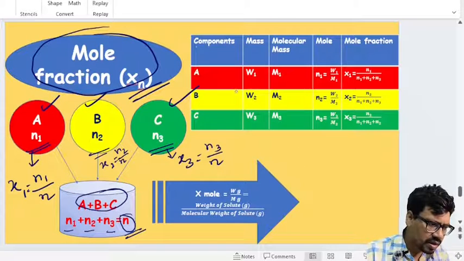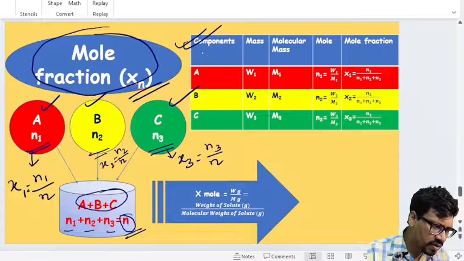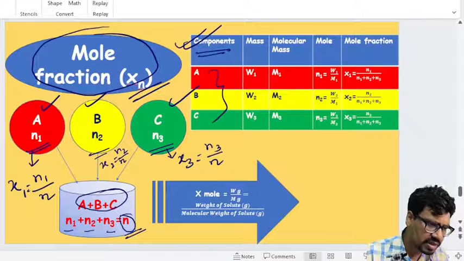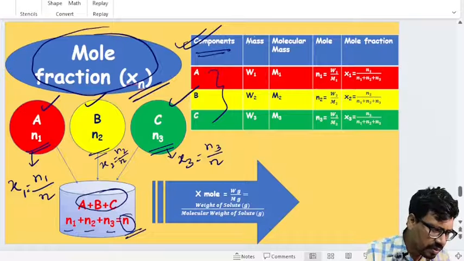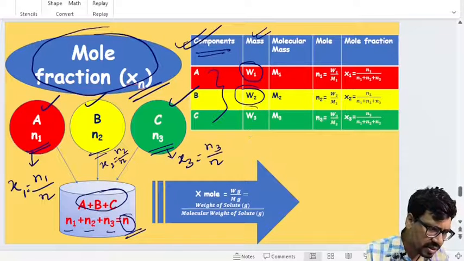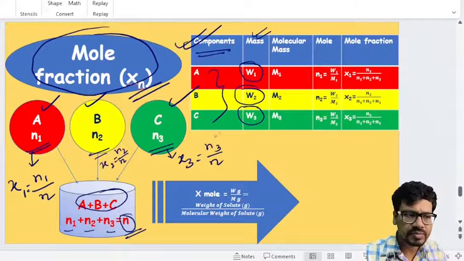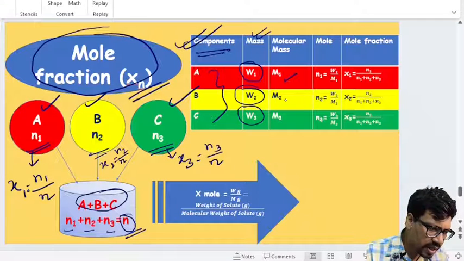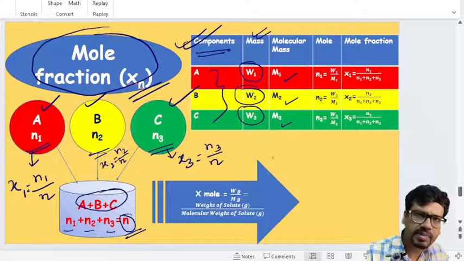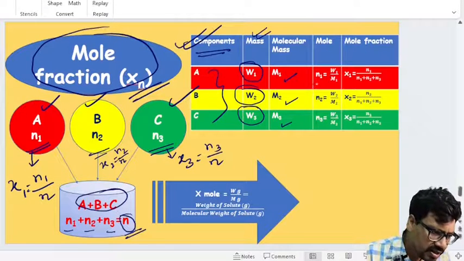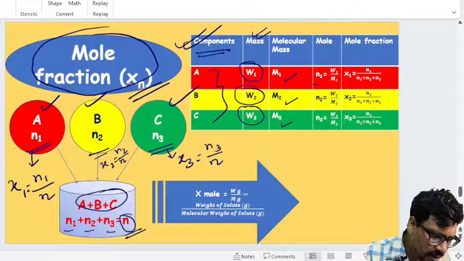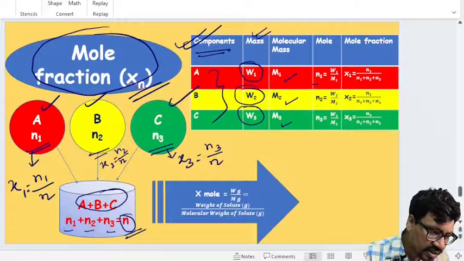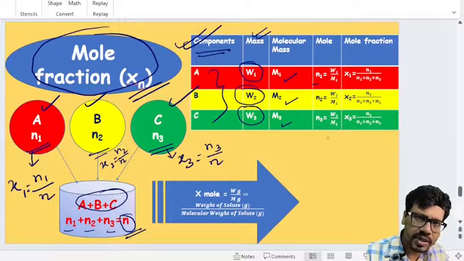Clear? In this table, A, B, C are the components. If you take the A component, that is W1 gram, B component W2 gram, and C component W3 gram, and the molar masses are M1, M2 and M3, what is the mole? N1 is equal to W1 by M1, N2 is W2 by M2, N3 is W3 by M3.